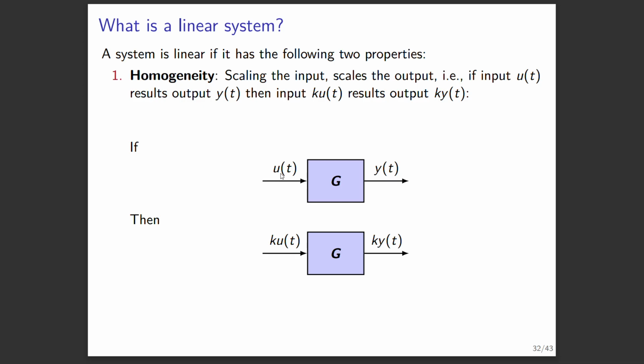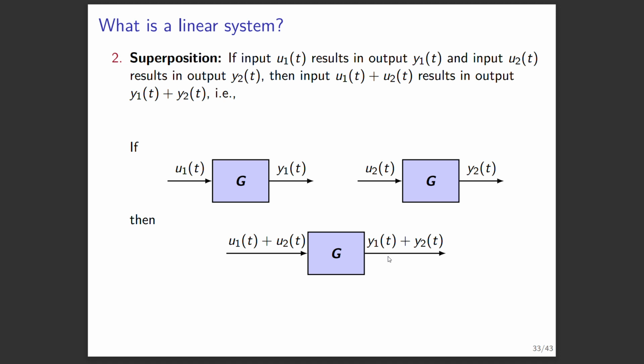If I make my sine of 3t twice as big, so 2 times sine of 3t, the number that was appearing in the output should become double. So if I scale the input function to a system, the output should be scaled too.